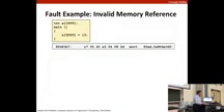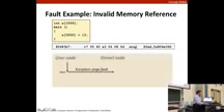Now another type of fault is an invalid memory reference. Here we're accessing an element of A which doesn't exist. It's an invalid reference. In this case, the MOVEL instruction looks like a page fault, but the kernel detects that it's an invalid address, that there isn't anything that can be loaded from disk.